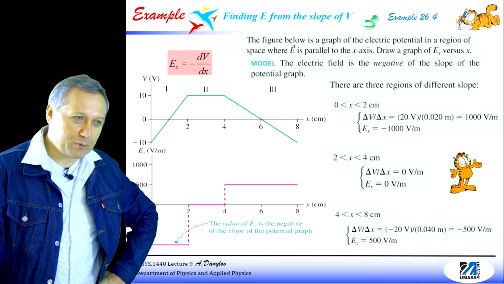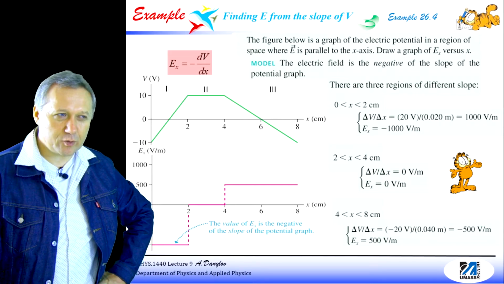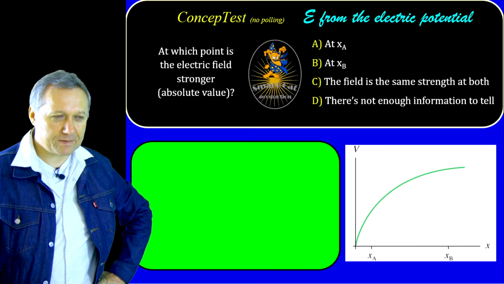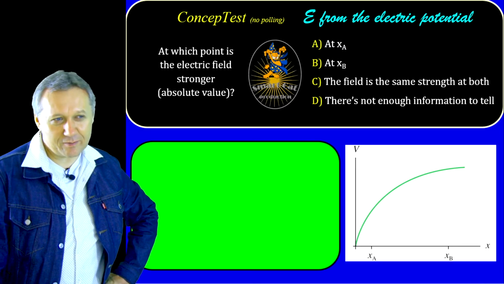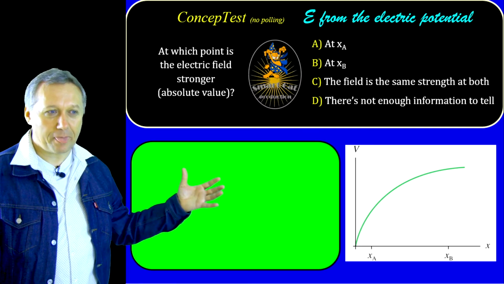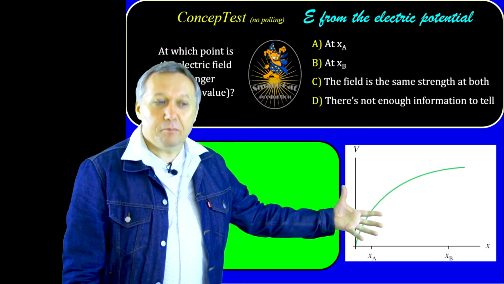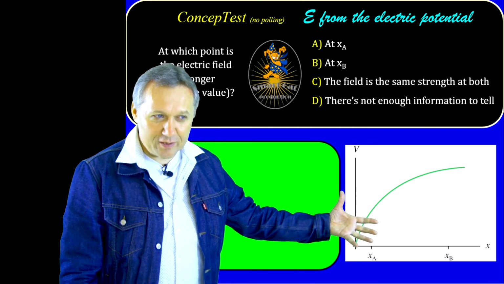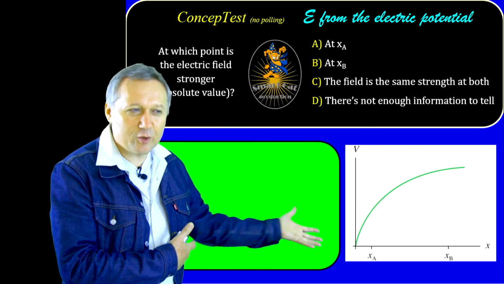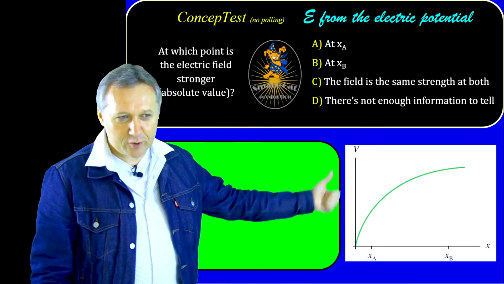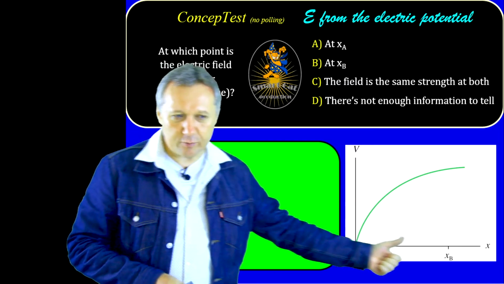So now there will be a couple of questions for you. And the first one, we're not going to poll. I just want you to think by yourself, for yourself, and then I will quickly say a few words. So we have some information about the electric potential. And we need to get some information about electric field. So basically it means that we need to use the bridge which we just built. So you see we have how electric potential changes with x.